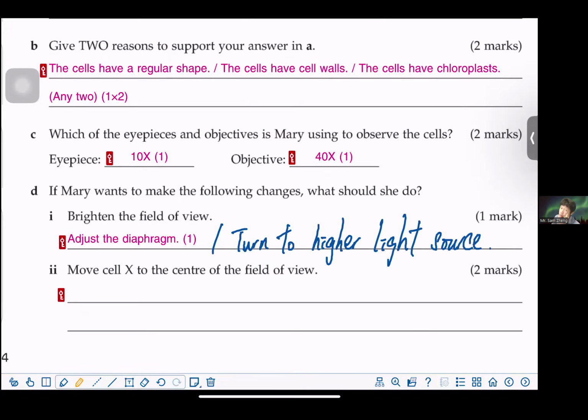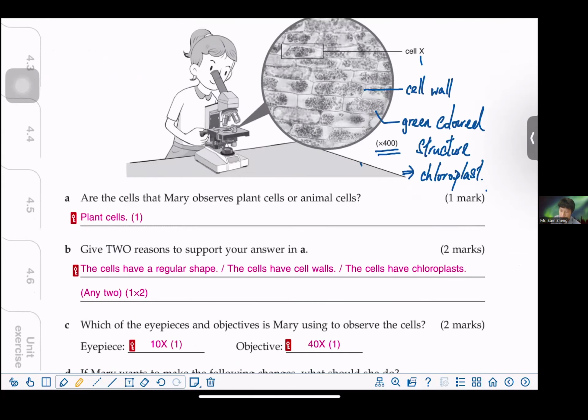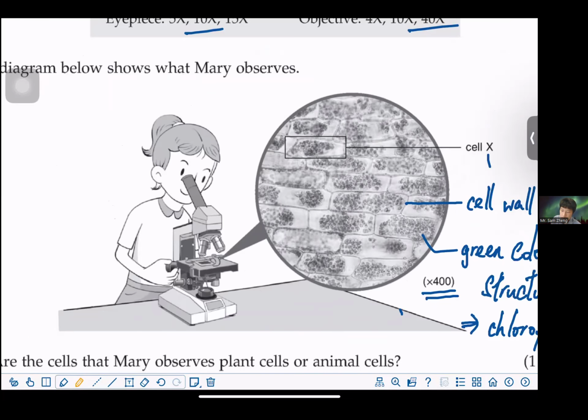Then how can we move the cell X to the center of the field of view? Now this is cell X. If I would like it to be in the center, it needs to move to the right-hand side first and then downward. We notice that the image is inverted, so we need to do it in reverse.